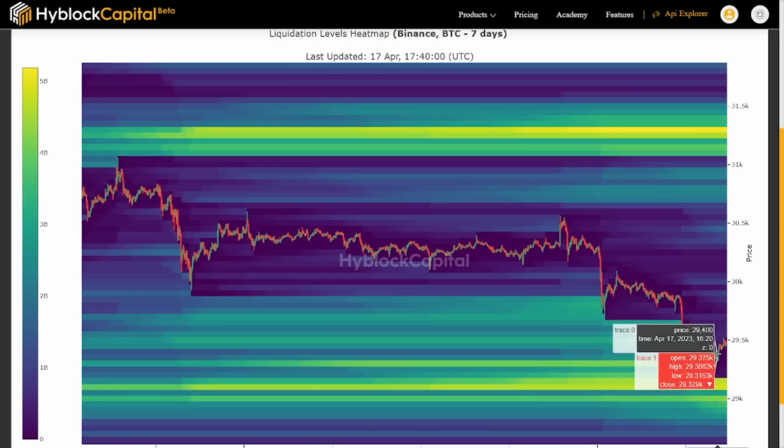To me this is a liquidity run to the upside to make people open more longs, so the liquidations and stop losses in this area can increase, and then when price comes down it's going to hit more stop losses and more liquidations. So I think Bitcoin will eventually go to 29,100 this week. There is even a lot more liquidity at 29,000, 28,900, 28,850, so we could of course go below 29,100.